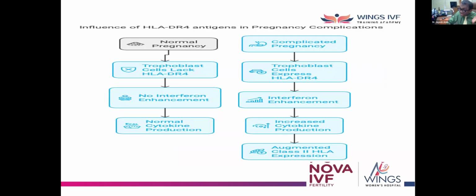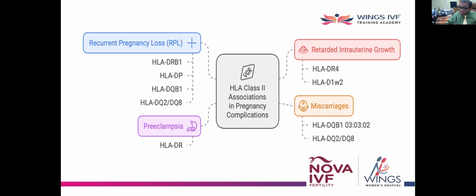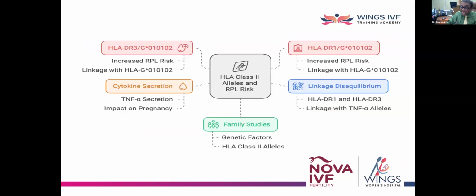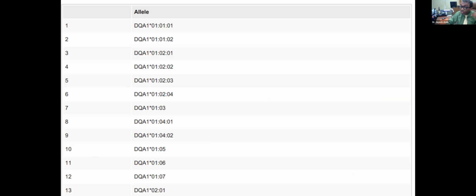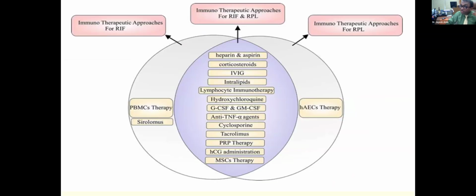I want to simplify that. Whenever the embryo goes and takes the blood supply, there are so many allele combinations that will reject the embryo and lead to recurrent implantation failure or recurrent pregnancy loss. So these are the different alleles which go into the blood, and then it will lead to more miscarriage and more pregnancy loss, or more implantation failure.